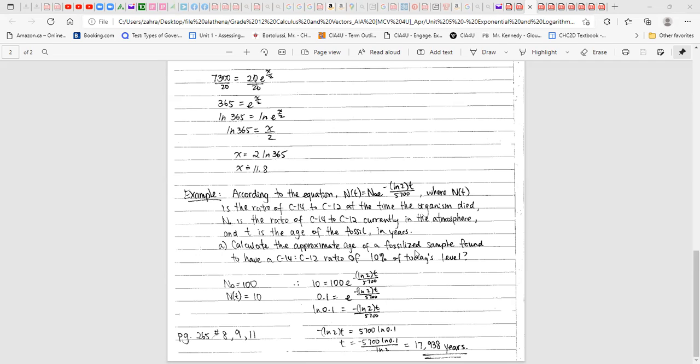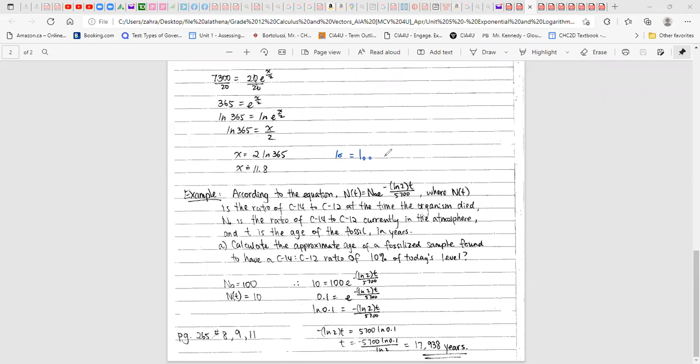Calculate the approximate age of the fossil sample found. The ratio of the carbon 14 to carbon 12 is 10% of today's level. So 10% of today's level means N is 10 if initially we had 100.